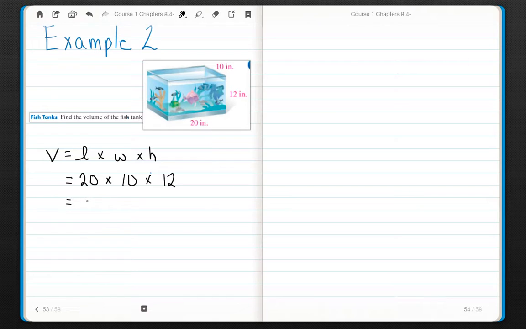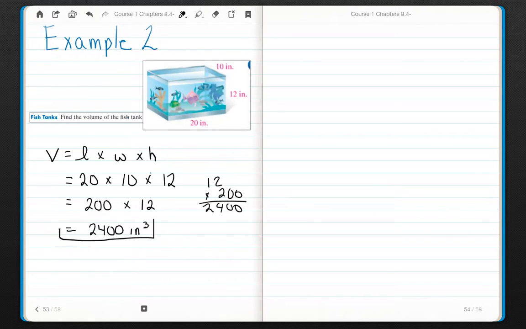Well, 20 times 10 is 200, times 12. 200 times 12 is 2,400 inches cubed. And there's the volume of my fish tank.